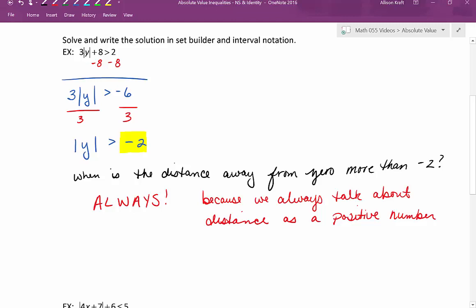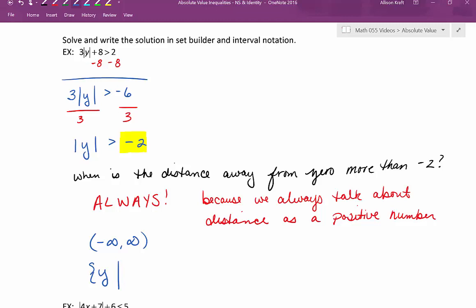So our solution is going to be every number that's out there. The way that we write that in interval notation is going to be -infinity to +infinity. The way that we would state that in set builder notation, we'll start our set builder as we always do, the set of all y such that, and now in our condition is going to be y is all real numbers.